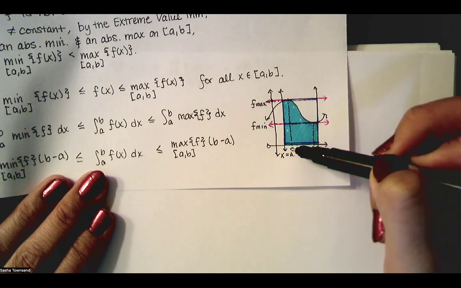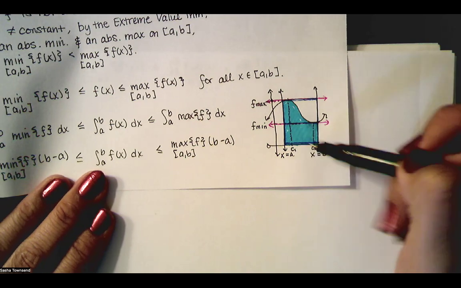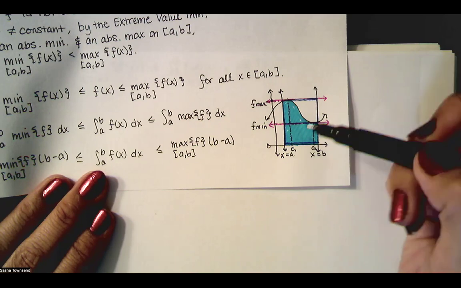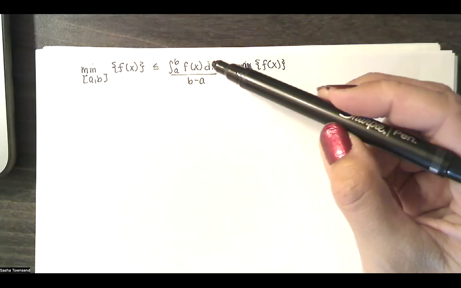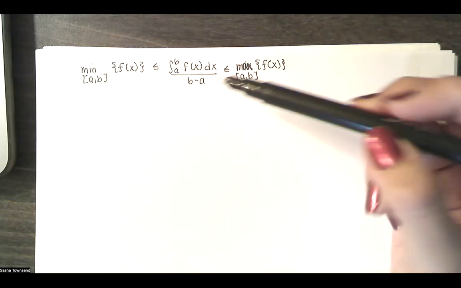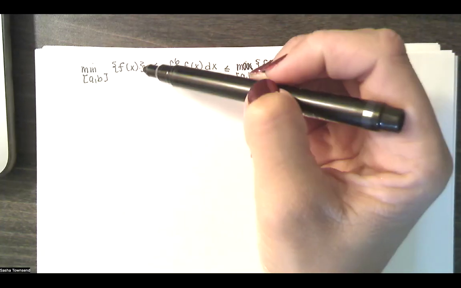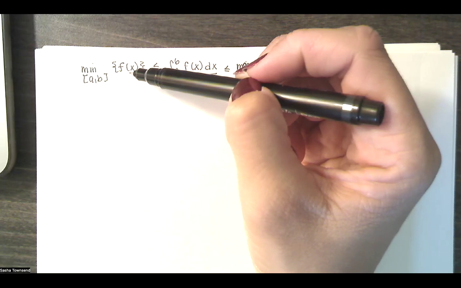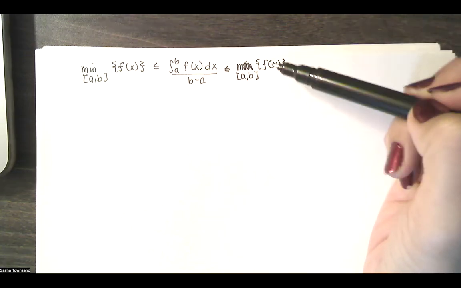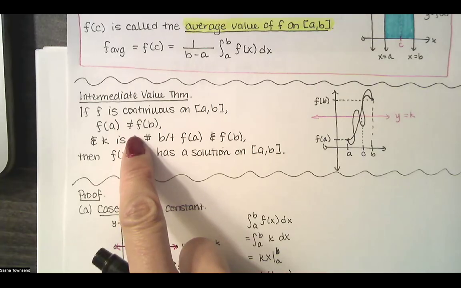But this interval from C1 to C2 is contained within the interval from A to B, and the x value that corresponds to this average value on the interval has to be in between the x value that maps to this minimum value and the x value that maps to that maximum value by the intermediate value theorem.